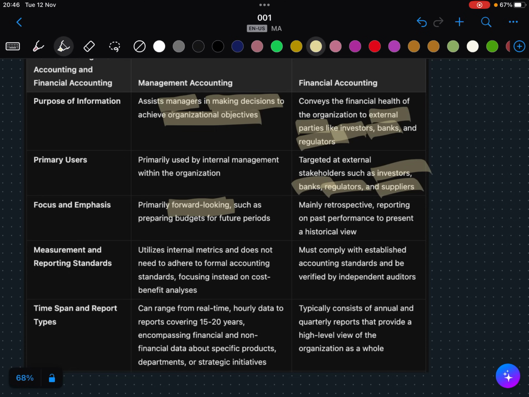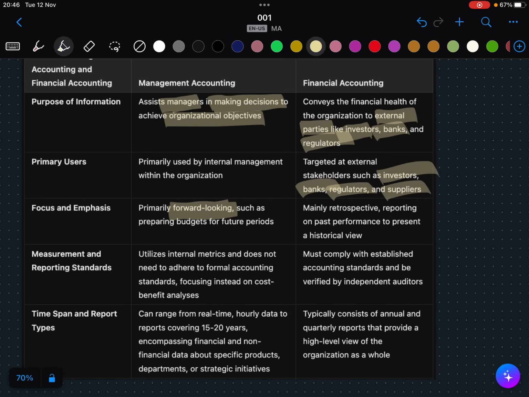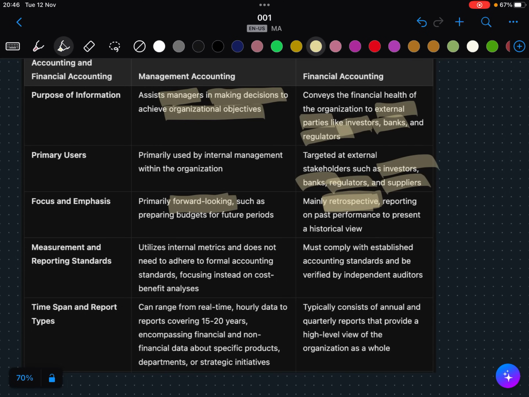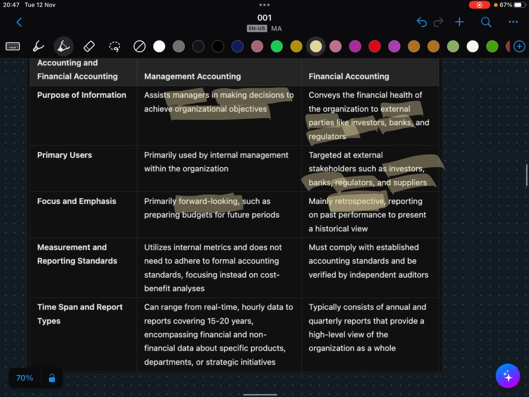We want to decrease costs in the future, prepare budgets, and forecast revenues. Whereas in financial accounting, we look at the past. We have a retrospective view of the organization. We look at the balance sheet, for example, ending in year 2024, or the income statement for the last quarter, etc.